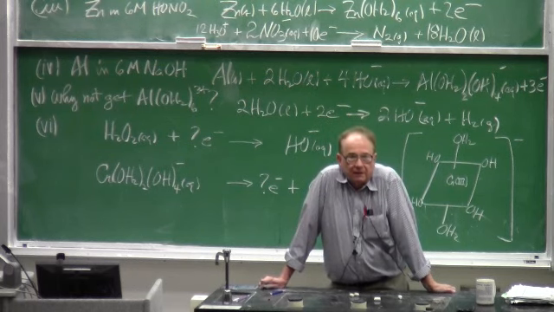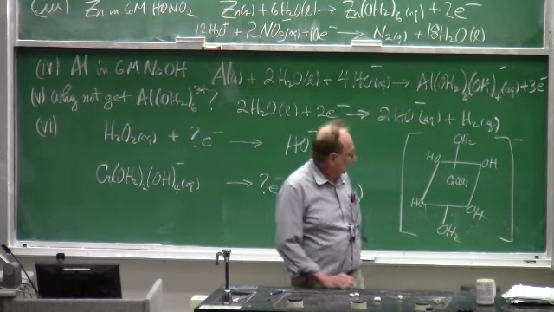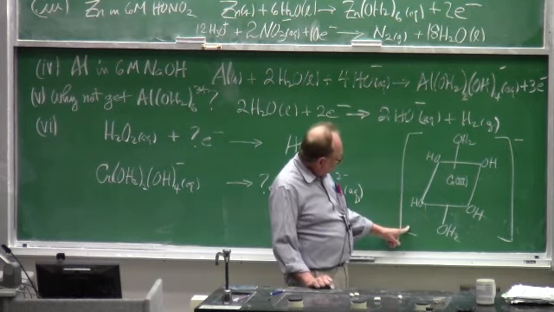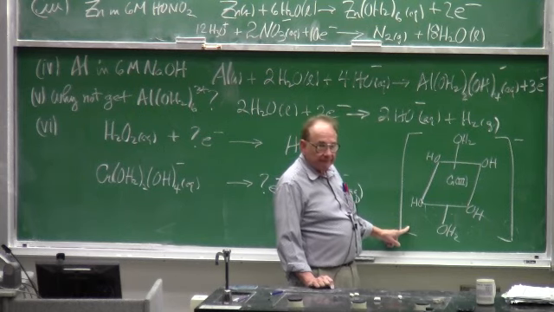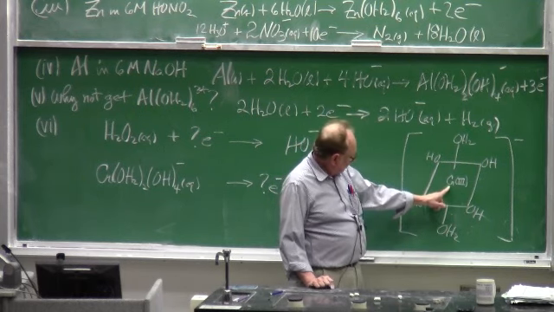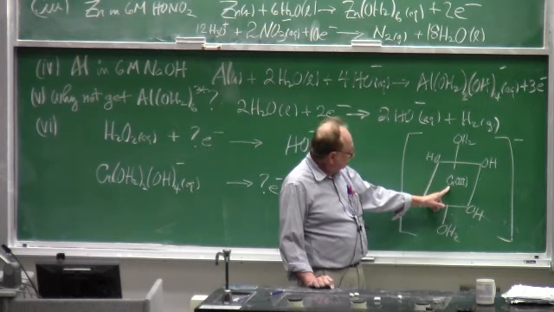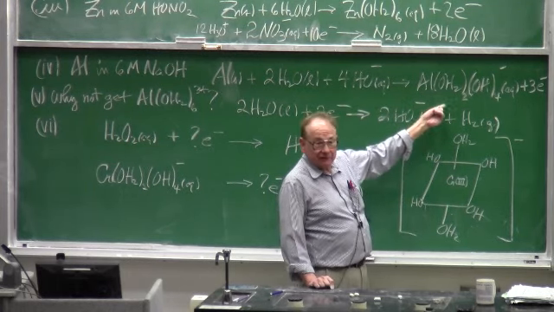What do you think the structure is of the aluminate ion? Structure. Octahedral. See this picture I drew here? If I took away chromium-3 and put in aluminum, I'd have a picture of this.